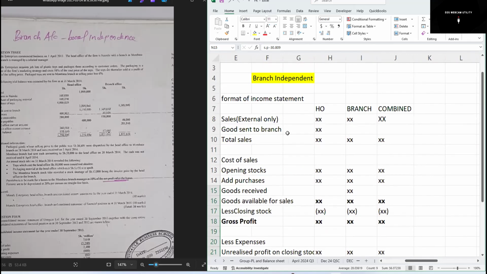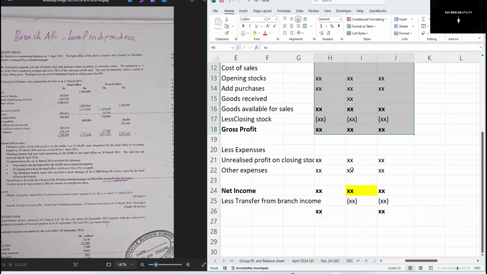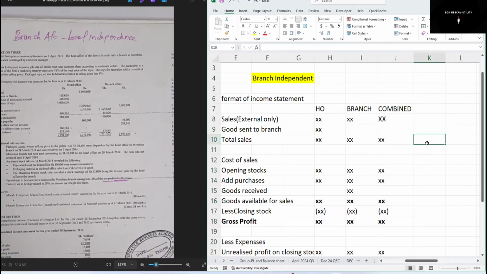Now I will be using my format here, but you will write a new one. Now, sales. We have been told external only. So how much do we have for the head office? Remember we cut 3 zeros.